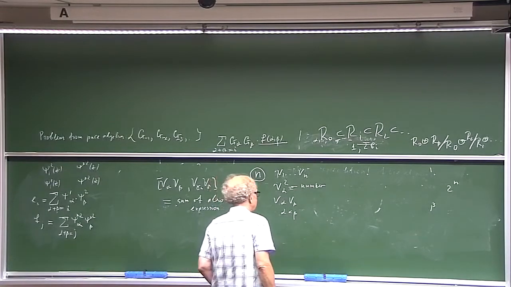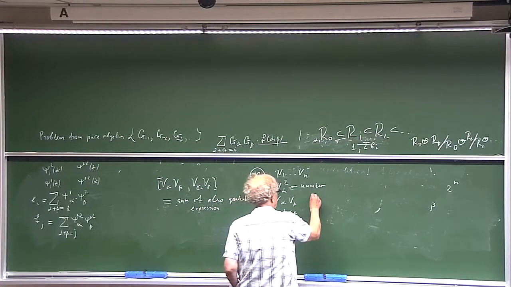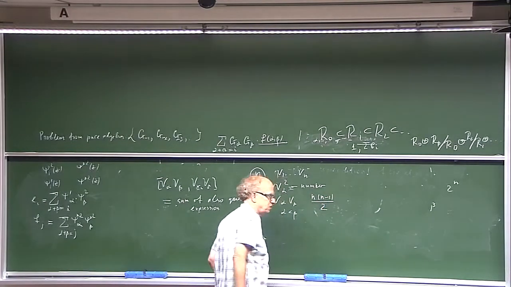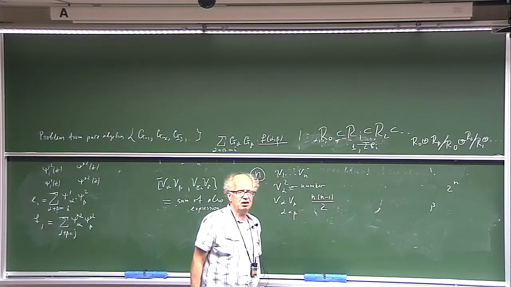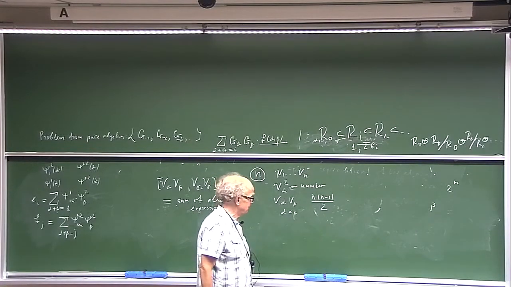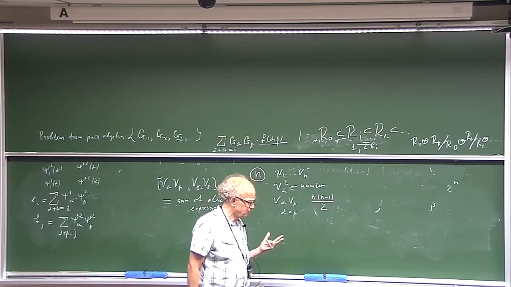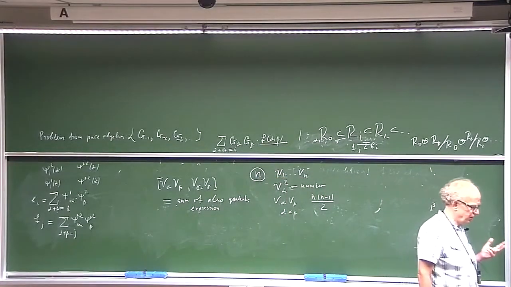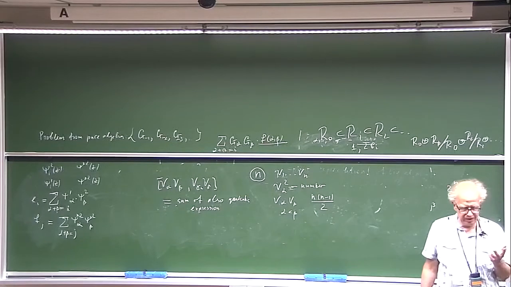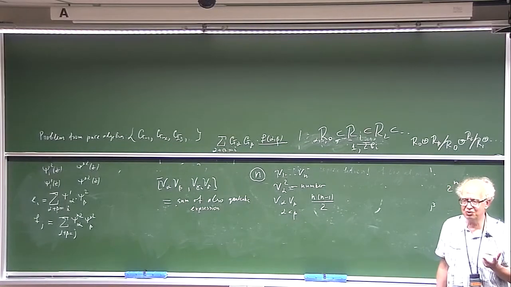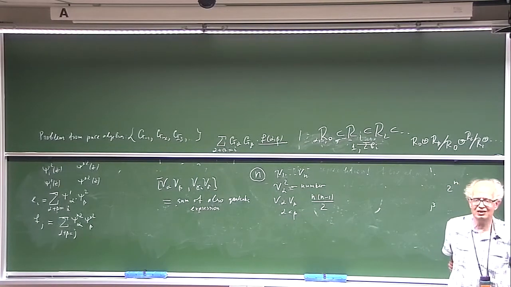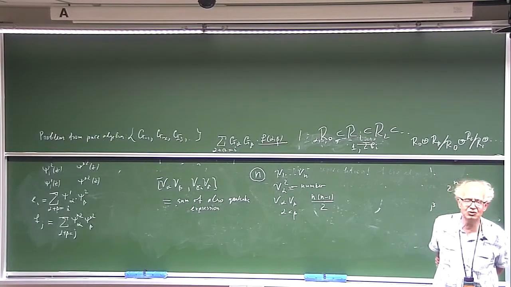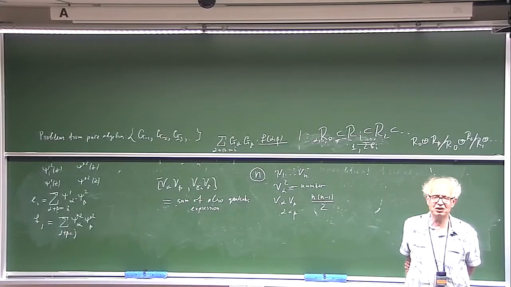So the dimension of the corresponding space is n times n minus 1 over 2. And according to what I said, the quadratic expressions form the Lie algebra of dimension n times n minus 1 over 2. And if you heard something about Lie algebras, do you know some Lie algebra of such a dimension?